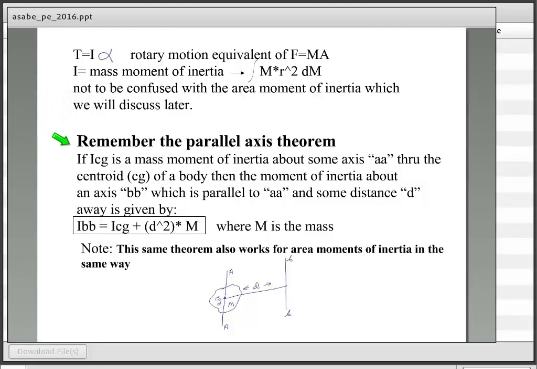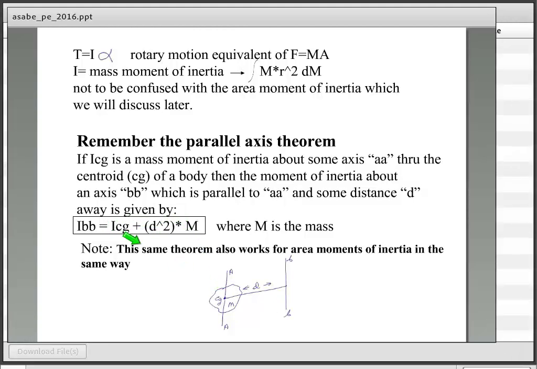One of the things related to mass moment of inertia is what we call a parallel axis theorem. That is, if we know the mass moment of inertia about, say, an axis through the center of gravity of a component, we can calculate the mass moment of inertia about some other parallel axis simply by adding to the mass moment of inertia about the CG the distance squared times the total mass.